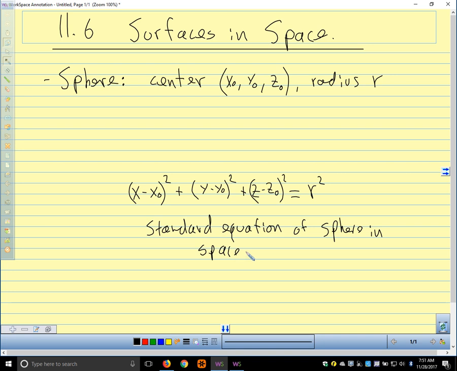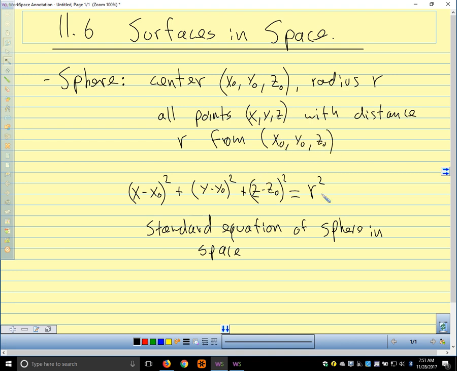So, the definition of a sphere is a set of all points x, y, z, with distance r from x0, y0, z0. So this is the distance formula in 3 dimensions.